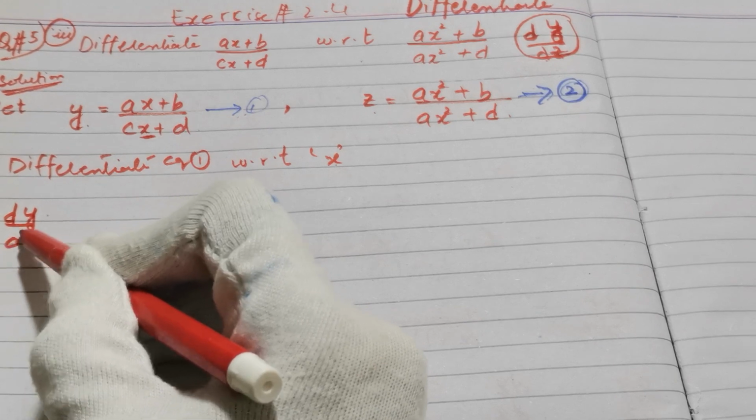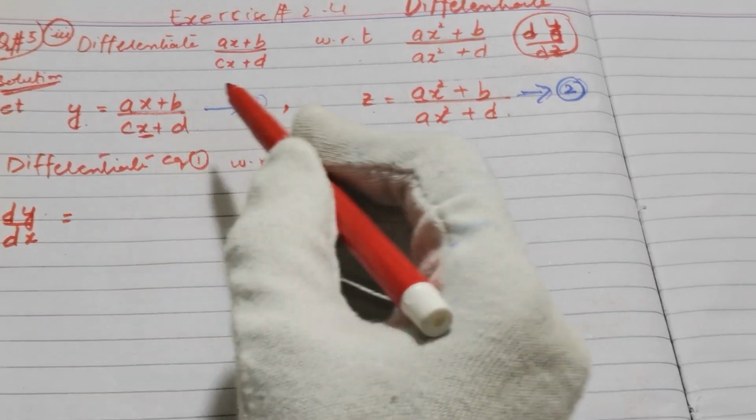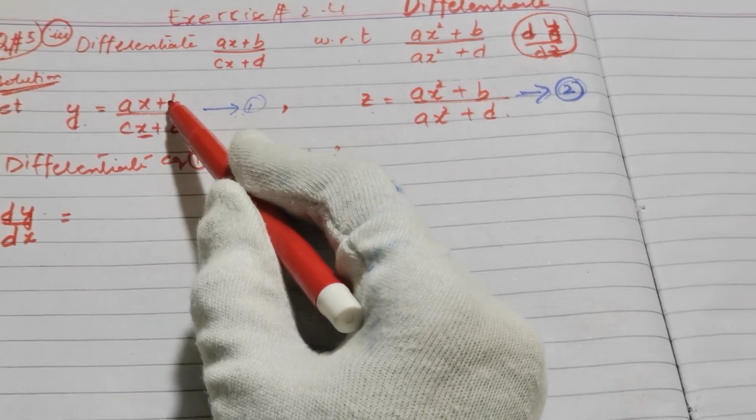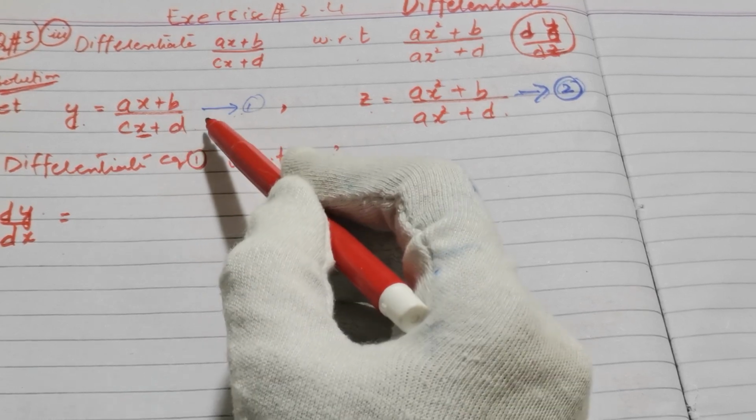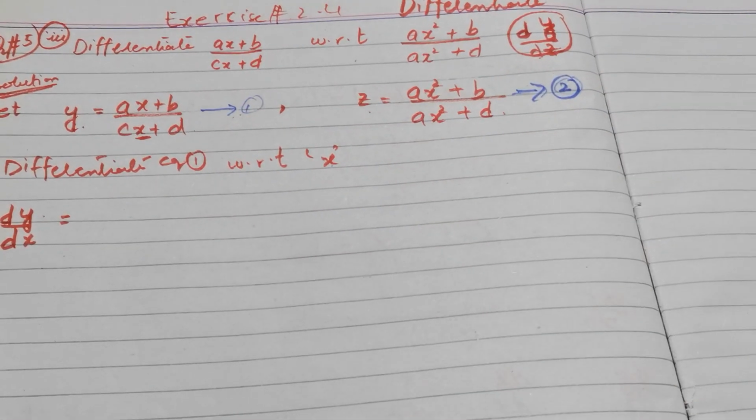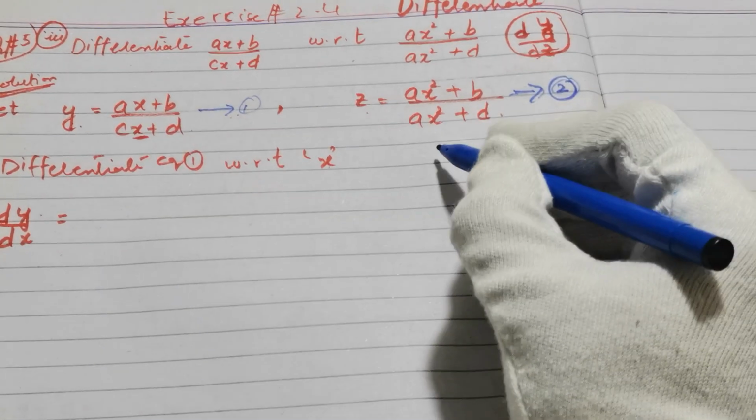Dy by dx. So we can see that variables are in the form u by v, quotient. So we will apply a quotient rule. What does quotient rule say?